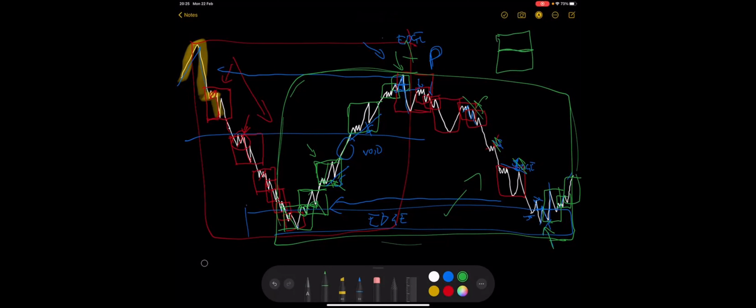So you have your premium, discount, and equilibrium. These are the areas, like when you come into this region and the equilibrium, you want to see what kind of activity we have. If we do see equilibrium get respected, and we see a momentum shift, yeah, we can play it.